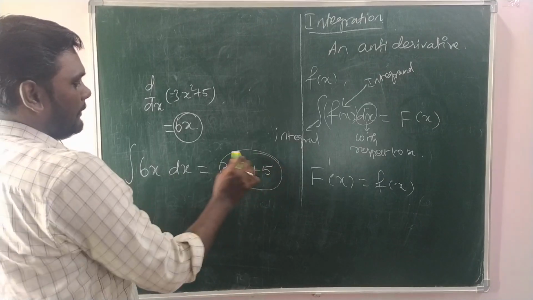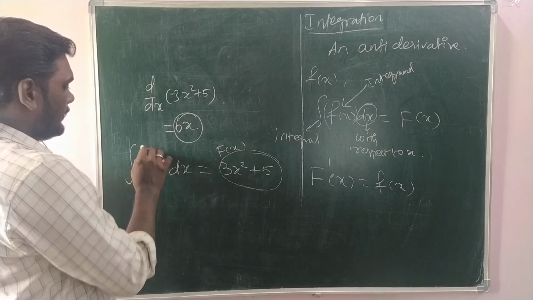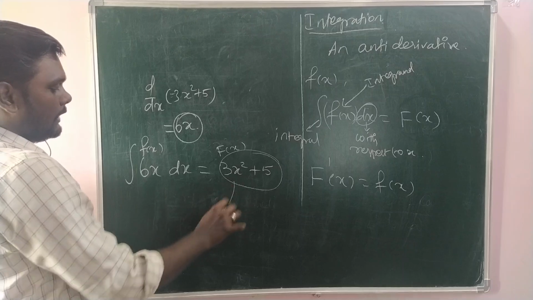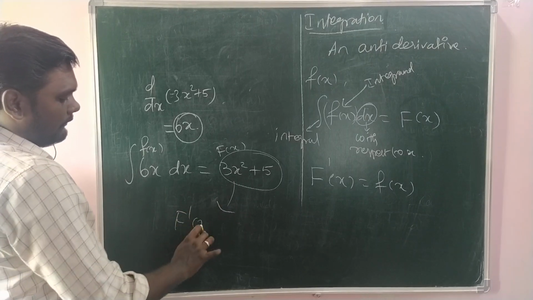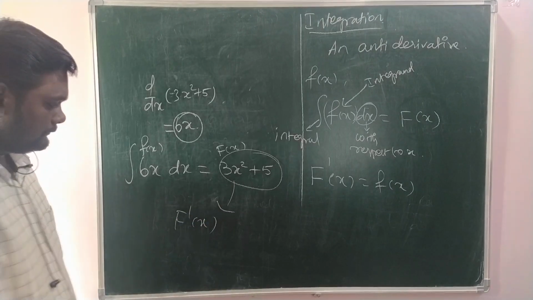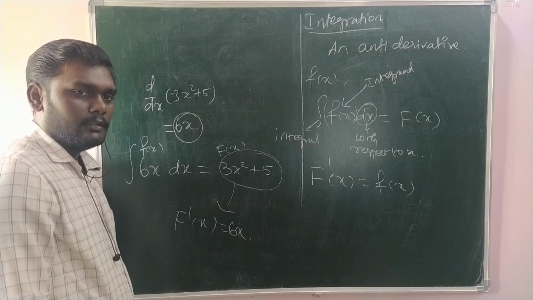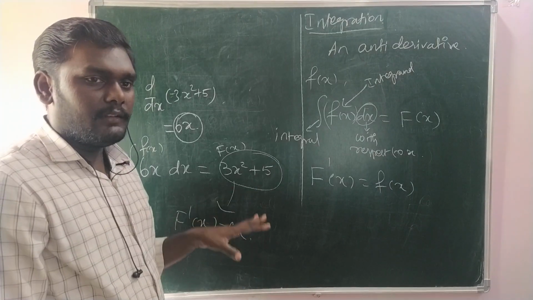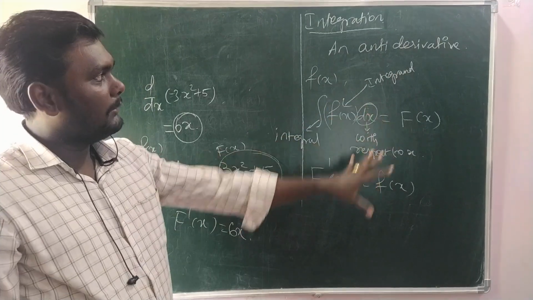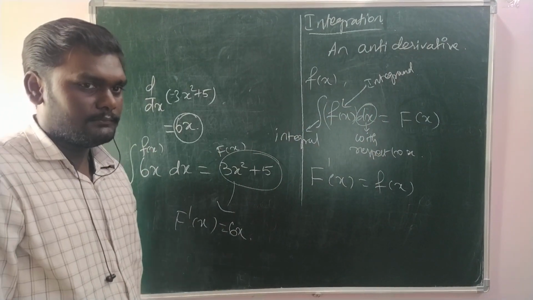So this is capital F of x, and this is small f of x. Now, what is capital F dash of x? It is 6x, right? Okay, that is the basic form, basically how we can understand integrals.